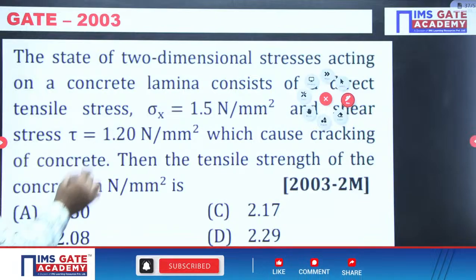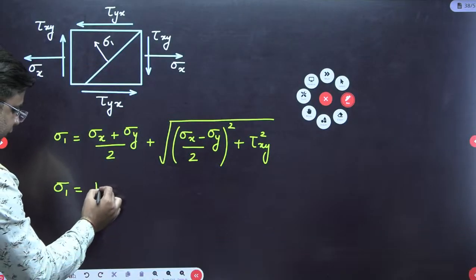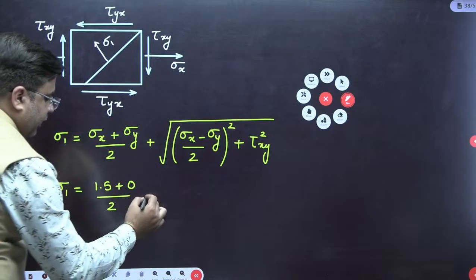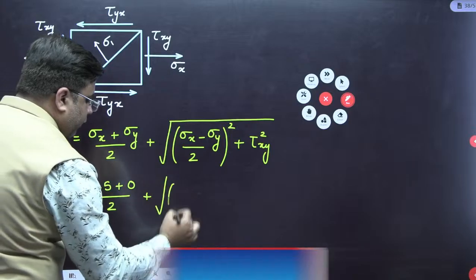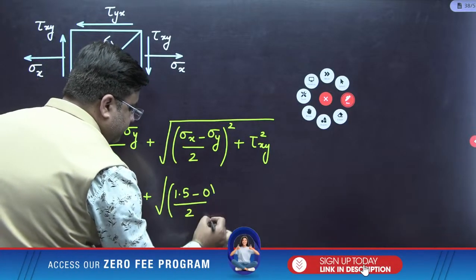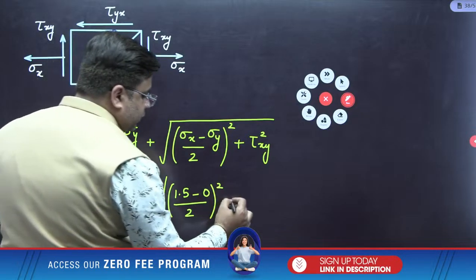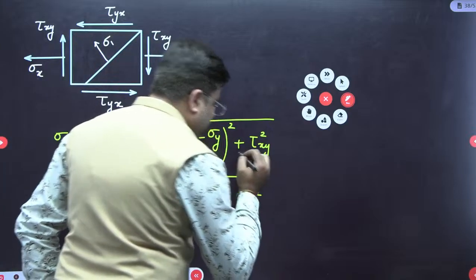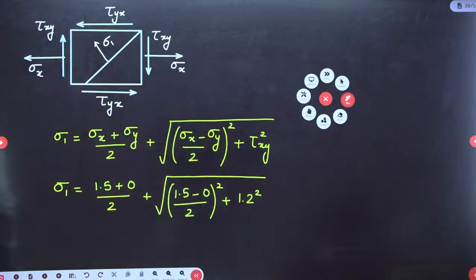Sigma x is 1.5 and this is 1.2. So sigma x is 1.5, sigma y is 0. So 1.5 plus 0 by 2 plus under root of ((1.5 minus 0) by 2) the whole square plus 1.2 square. You can calculate this and that is going to give you the strength of concrete. Please calculate this value and tell me the answer.